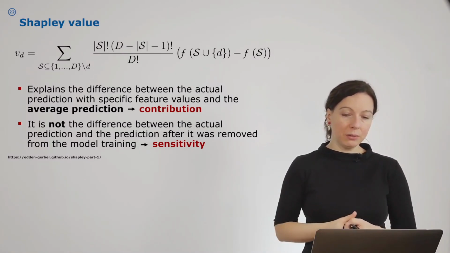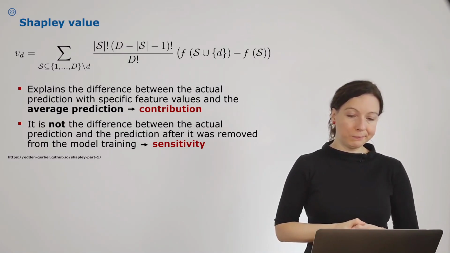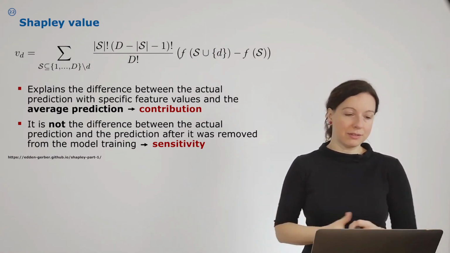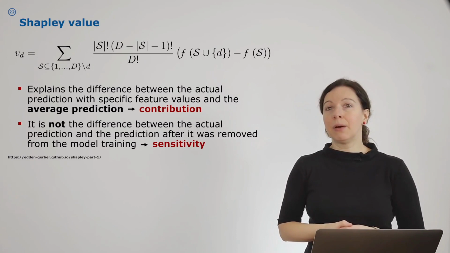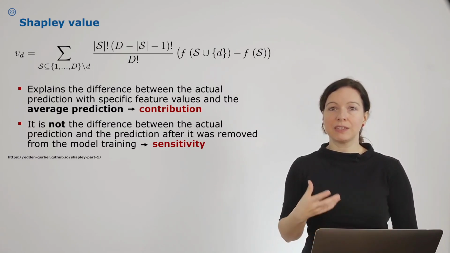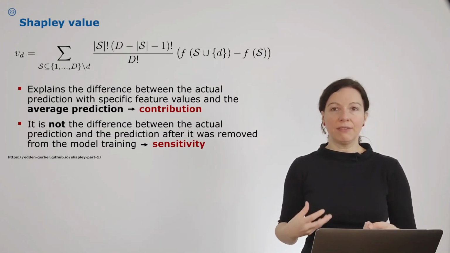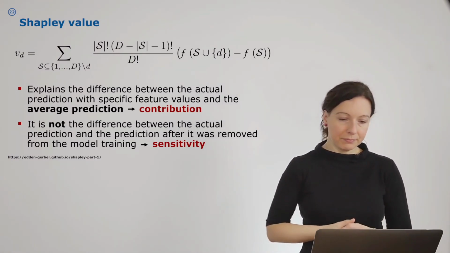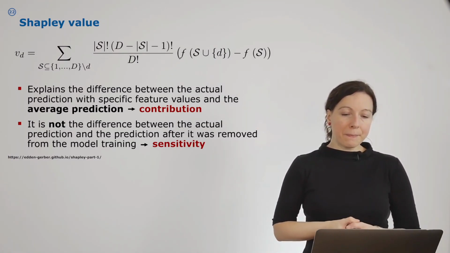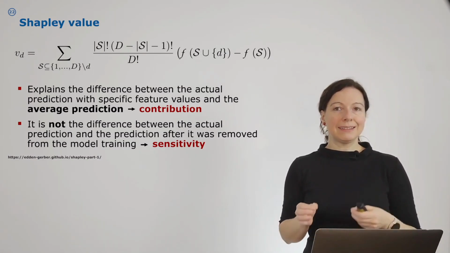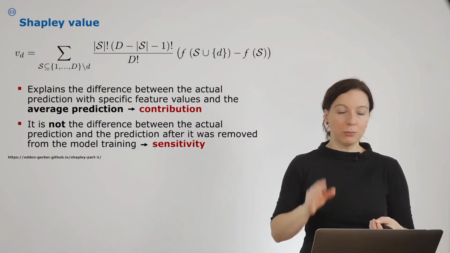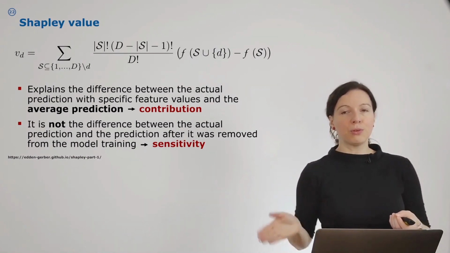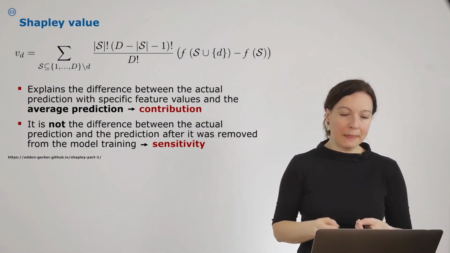And for the second one, an add-on: for the Shapley values, the feature set is really never changed. So it's not that you take something out. And you can relate these two things, what it is and what it's not, to the terms contribution and sensitivity.